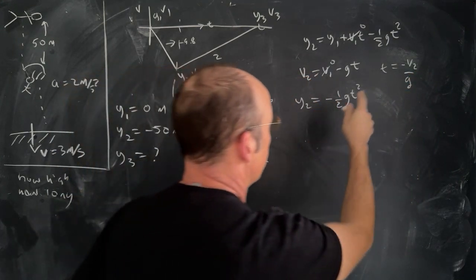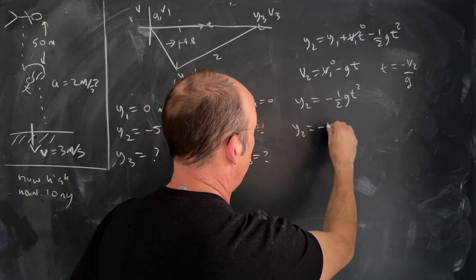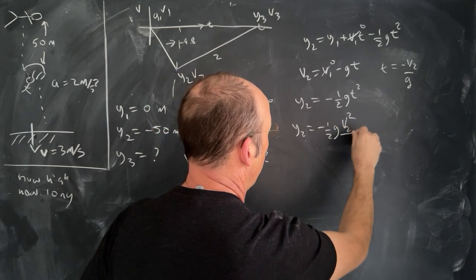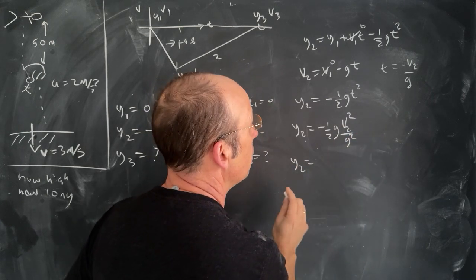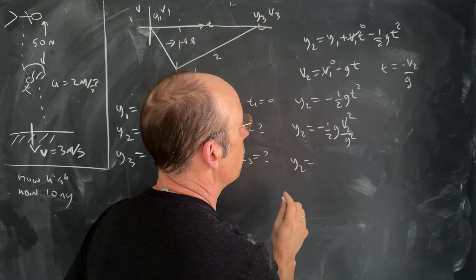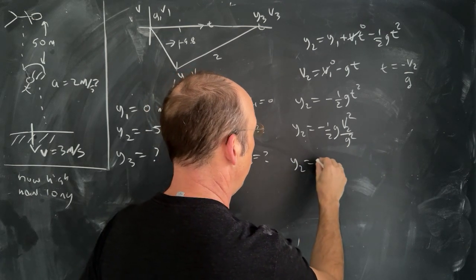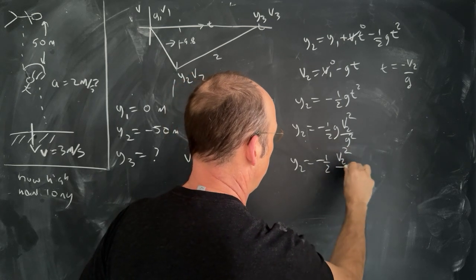So if I put that in there and square that, I get y2 is equal to negative 1/2 g v2 squared over g squared. So y2 is negative 1/2 v2 squared over g.